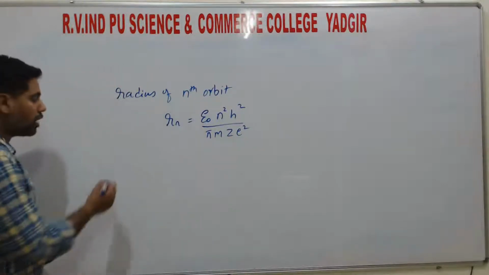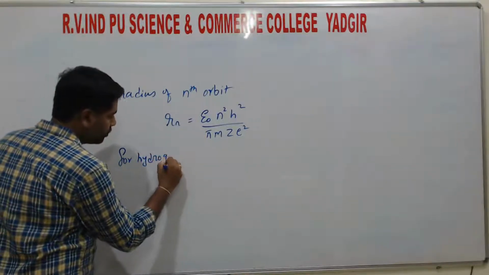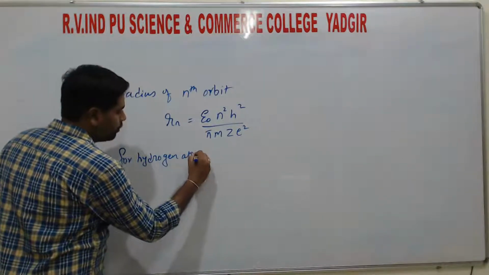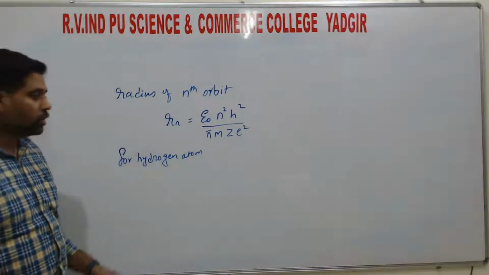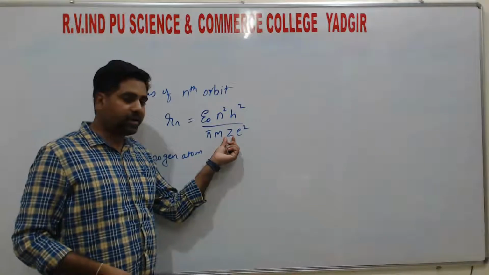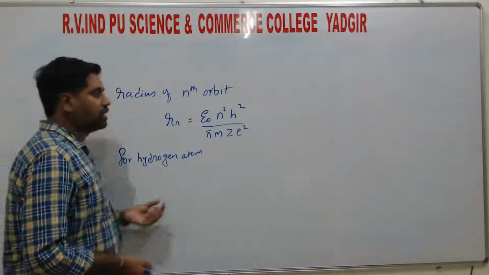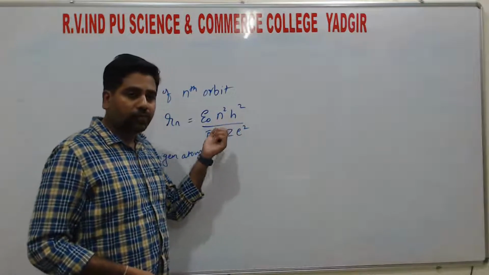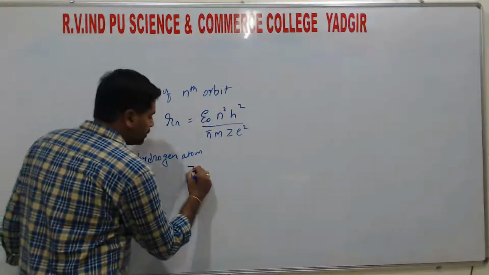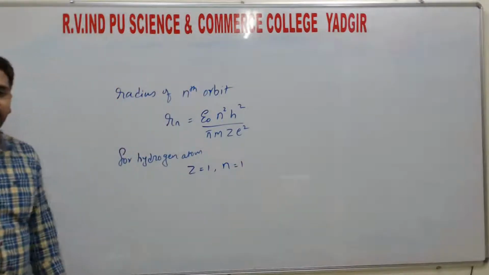Right. So for the hydrogen atom, the atomic number of hydrogen is 1. That is, the Z value is 1, and it also has 1 electron, that is, the n value is 1. So Z is equal to 1 and n is equal to 1.